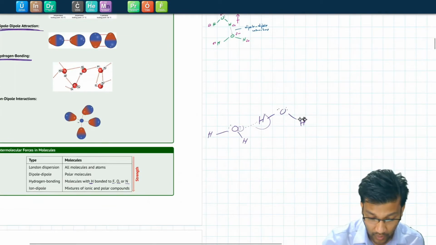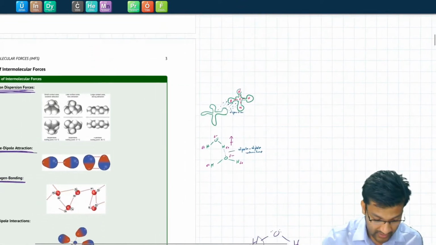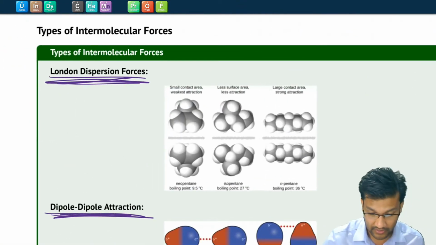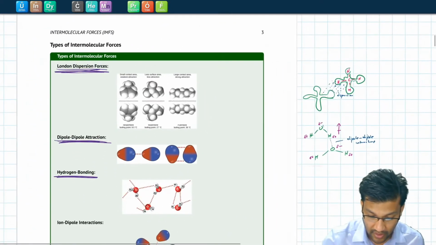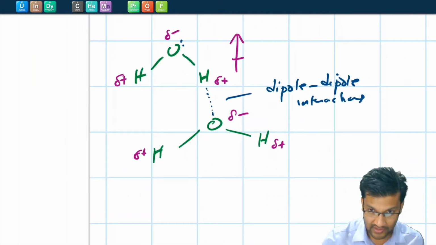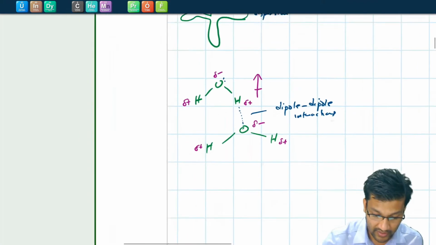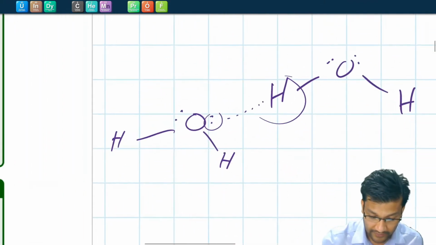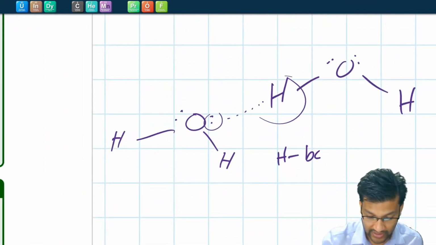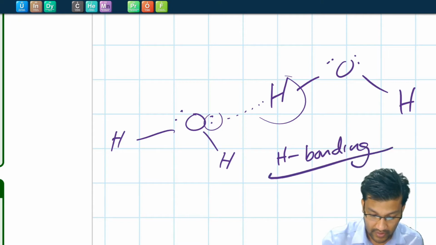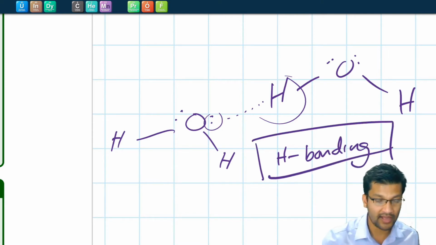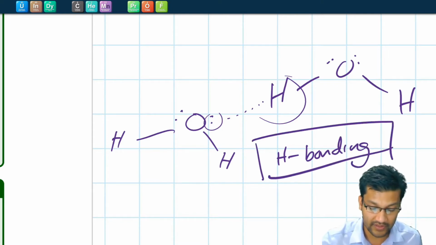So water will have London dispersion forces because all molecules have London dispersion forces. Water will have dipole-dipole interactions like we talked about earlier, and water will also have hydrogen bonding, or H bonding for short, right? So one molecule could have more than one type of intermolecular force.